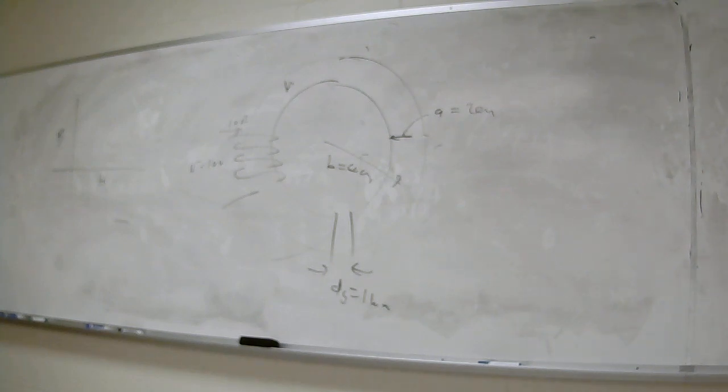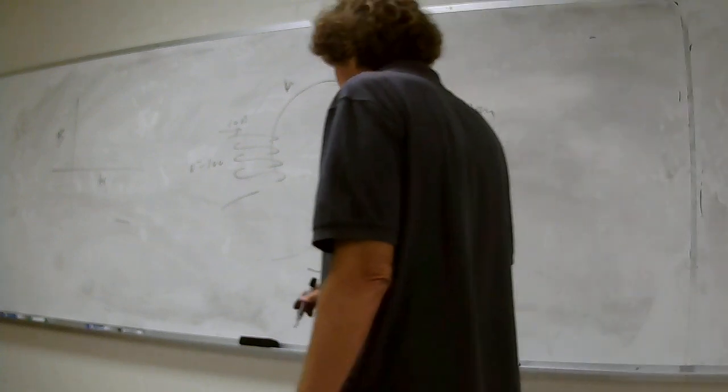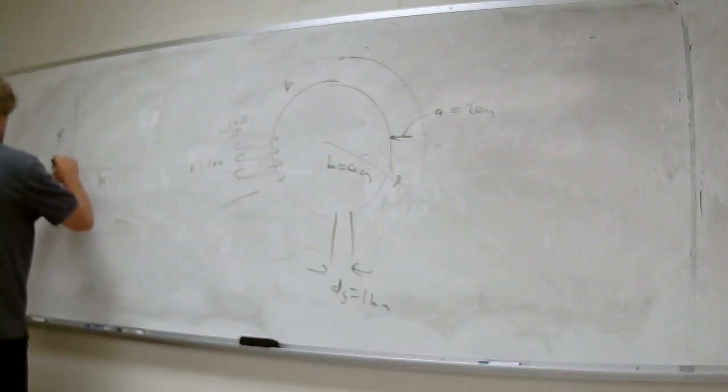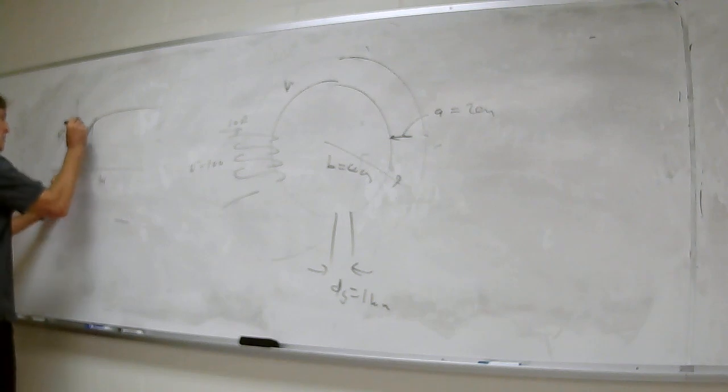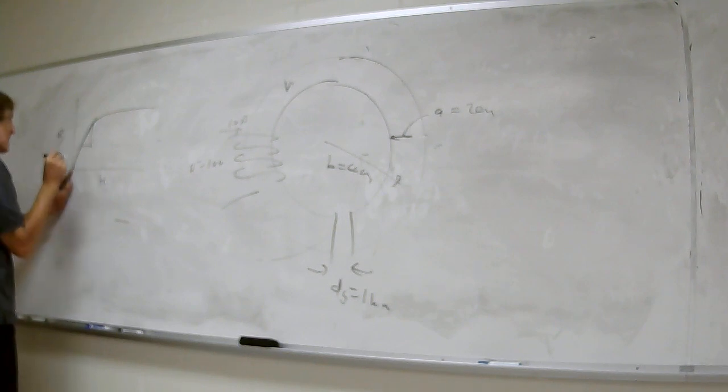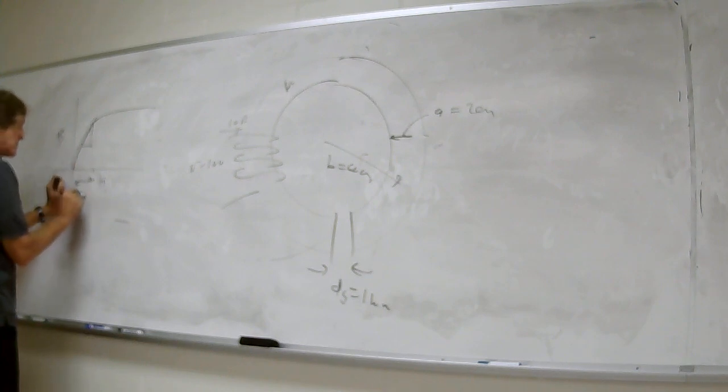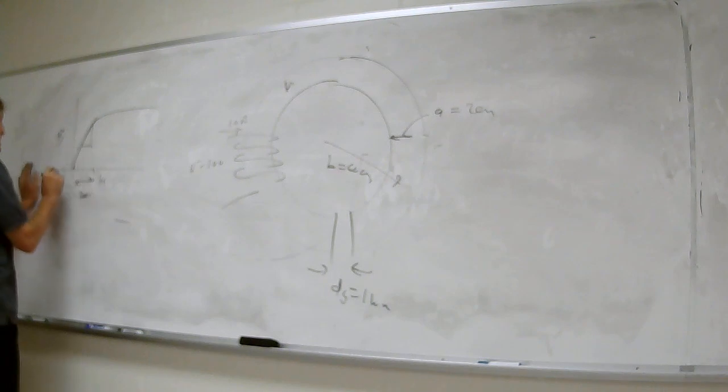It's basically a straight line here, so find rise over run. Just find a point from 0 to where it's 10 or something. It's about 0.4 rise over 200 run. So H is 200 amps per meter, and B is about 0.4 teslas.